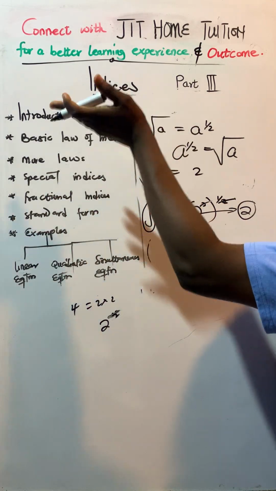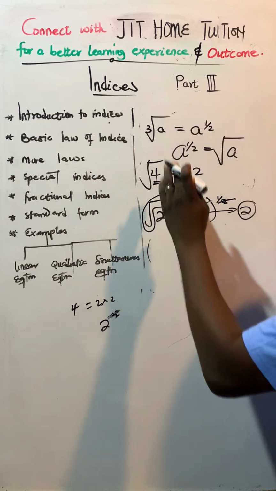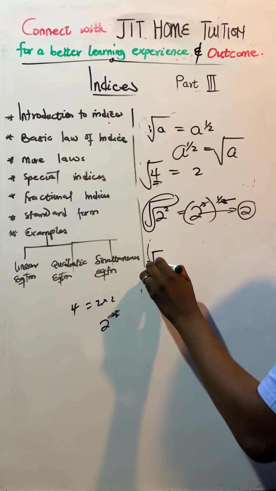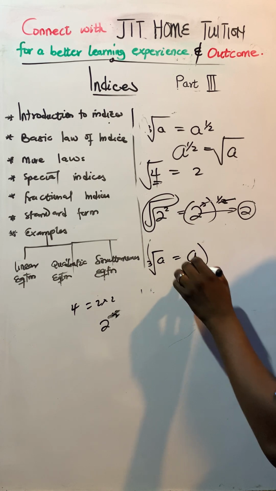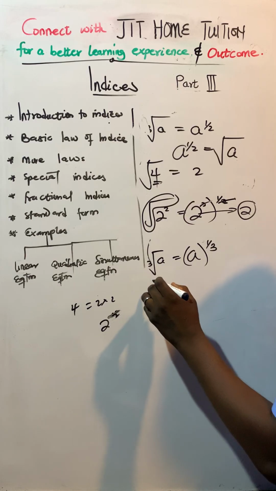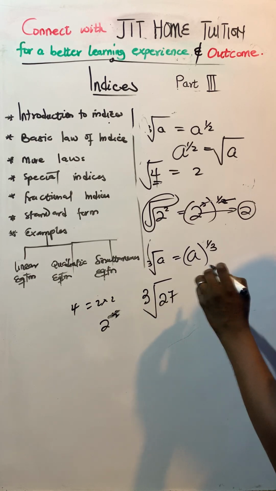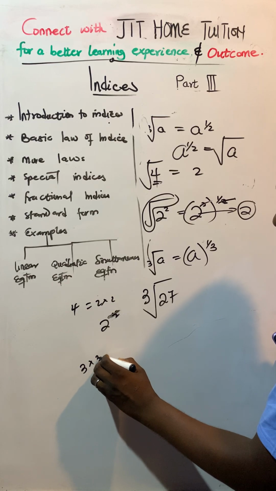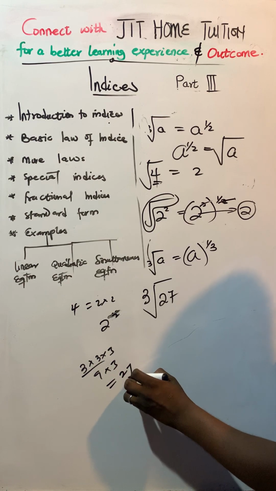Now, what if it's not square root and it's cube root? Okay, let me write it here. Cube root of a will become a exponent 1 over 3. So assuming that you have 27, which is the same as 3 times 3 times 3, 3 times 3 is 9, times 3 gives you 27.